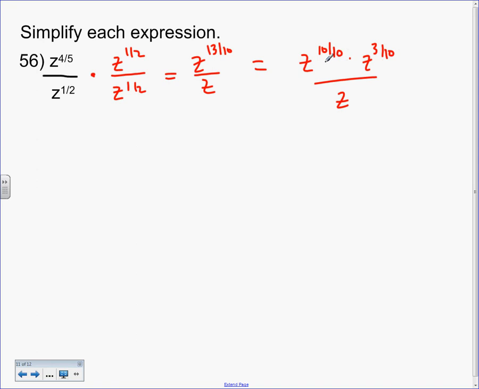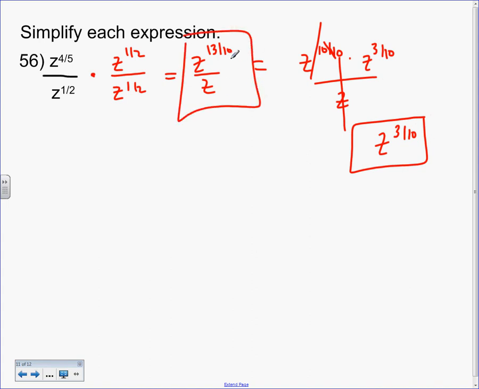What's 10 over 10 really? 1. So the z's cancel. And we're left with just the z to the 3 over 10. If you got here, you understand the concept. Okay? From there, if you can simplify, you want to. That's 10 over 10 and 3 over 10, which is really a 1. The z's canceled, so we're left with z to the 3 over 10.